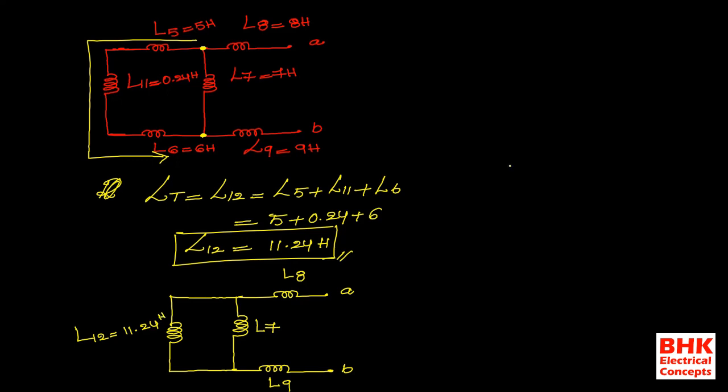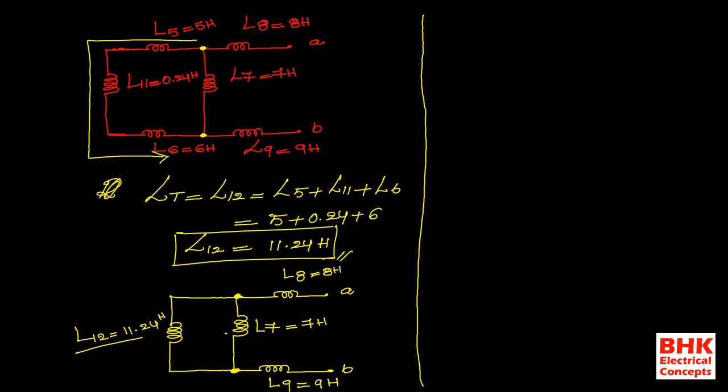Okay, now just observe this network. L8 is equal to 8 henries, L7 is equal to 7 henries, L9 is equal to 9 henries, and this one L12 is equal to 11.24 henries. Now see here, again, for example, we are assuming this is one node, and this is another node.